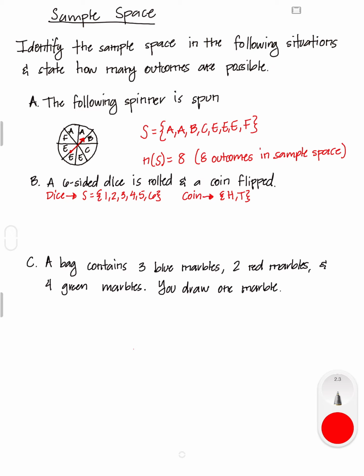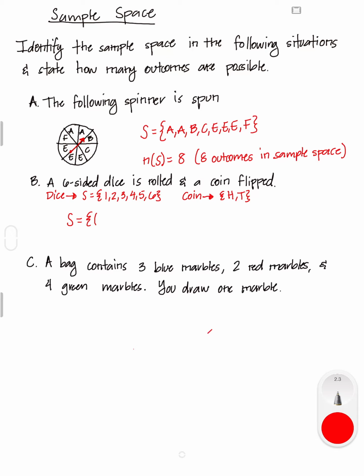Now, when we are putting them together, it's kind of like mixing both of them, right? So what do you get in the die, and then what do you get in the coin? So our sample space for the entire situation will be, I'm going to use parentheses, and I'm going to create pairs. These pairs are composed of the outcomes that we have for the dice and the outcomes that we have for the coin.